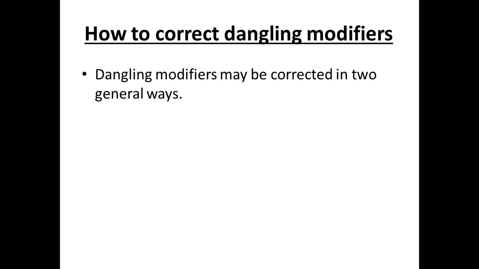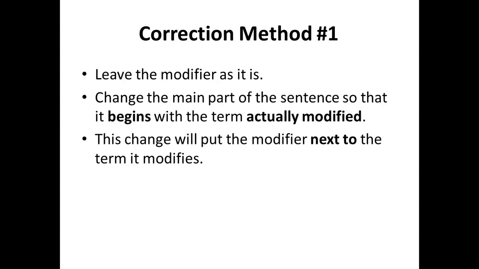Now we have dealt with what modifiers are and what dangling modifiers are. Now we have to look at how to correct a dangling modifier. Dangling modifiers may be corrected in two general ways. So now correction method number 1 we have to look at here.